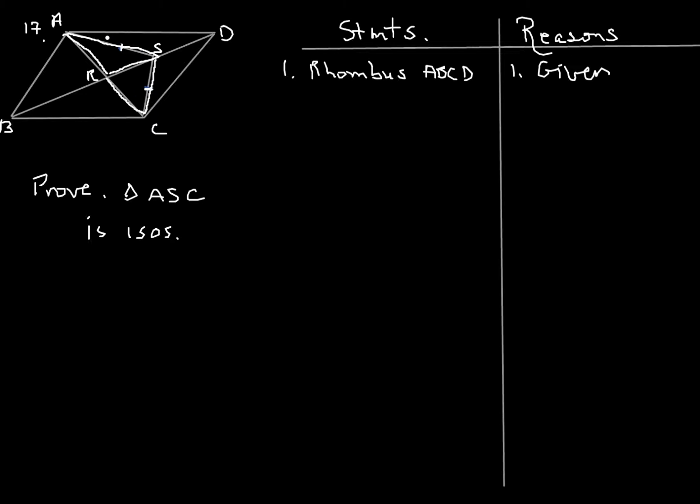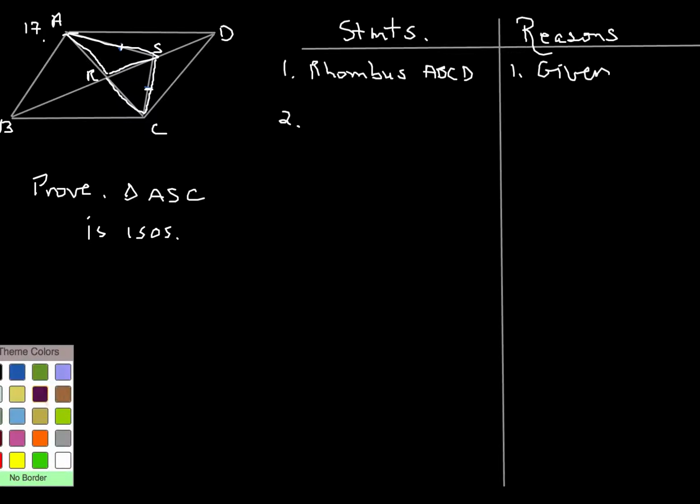Another thing that you might have thought is maybe get the triangles at the tops congruent, but we don't have enough information. We don't really have much information yet at all. We know the sides are all congruent, so we might use that. So let's think about what we know about a rhombus. I'll mark these in purple.